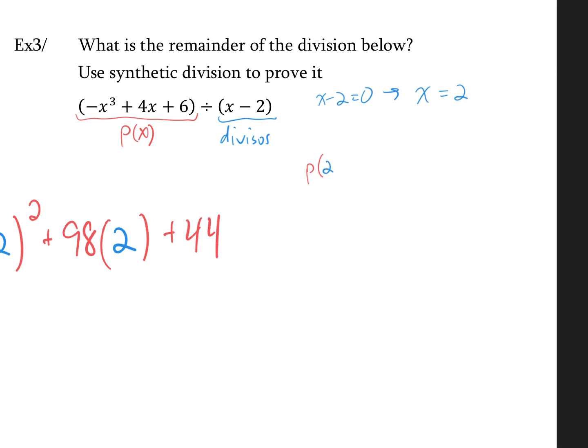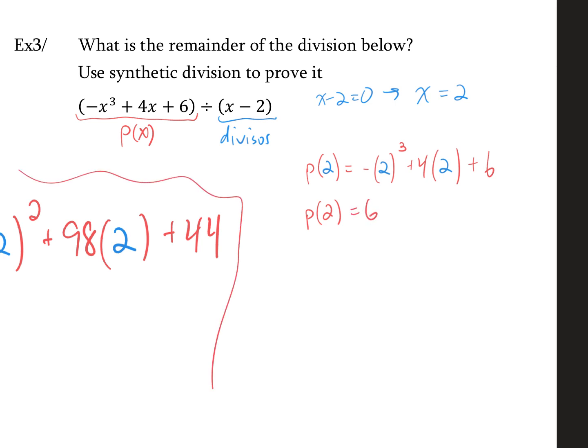Oh, again, huh? Weird. All right. So negative x cubed plus 4x plus 6. Okie dokie. So we can put 2 here, 2 here. And what we end up with here is p of 2 equals 6.